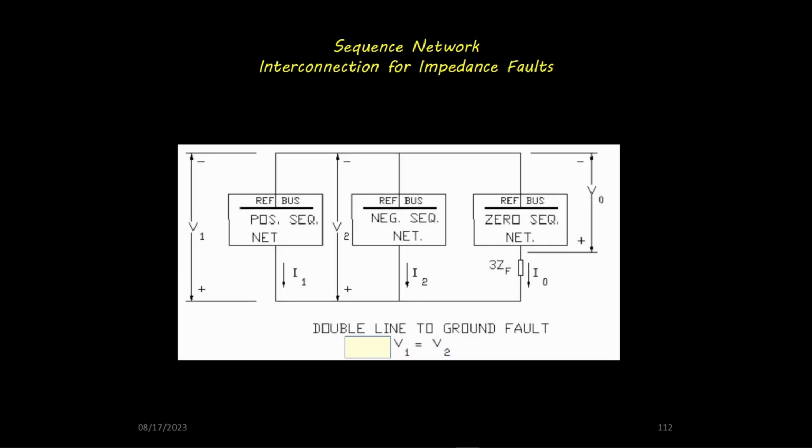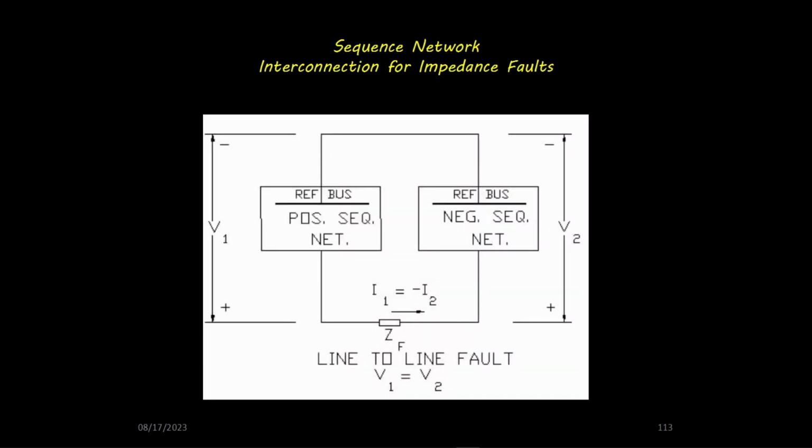For the double line-to-ground impedance fault, the fault impedance is placed in series with the zero sequence network. Then the combination is placed in parallel with the positive and negative sequence networks. For the line-to-line fault, the fault impedance is placed between the positive and negative sequence network.